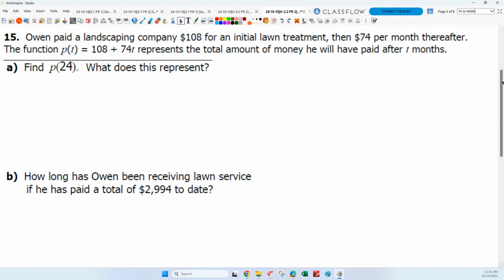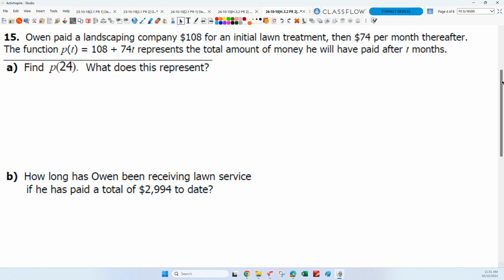If we let T be the number of months that he's had this contract, does everybody see that the function P of T equals 108 plus 74T represents the amount of money he will have paid after T months? Give me thumbs on that. Does that make sense? Right, because 108 is the starting value or the initial value, the fixed cost, whatever you want to call it, and 74 is the monthly rate.